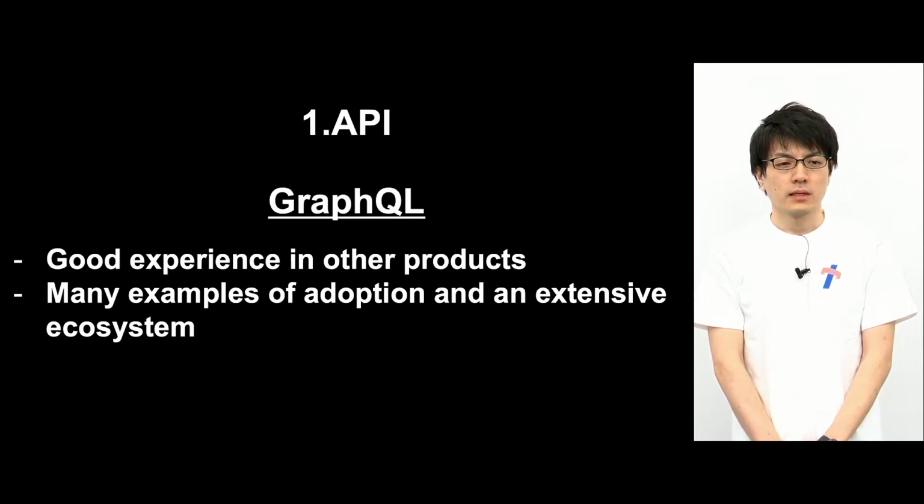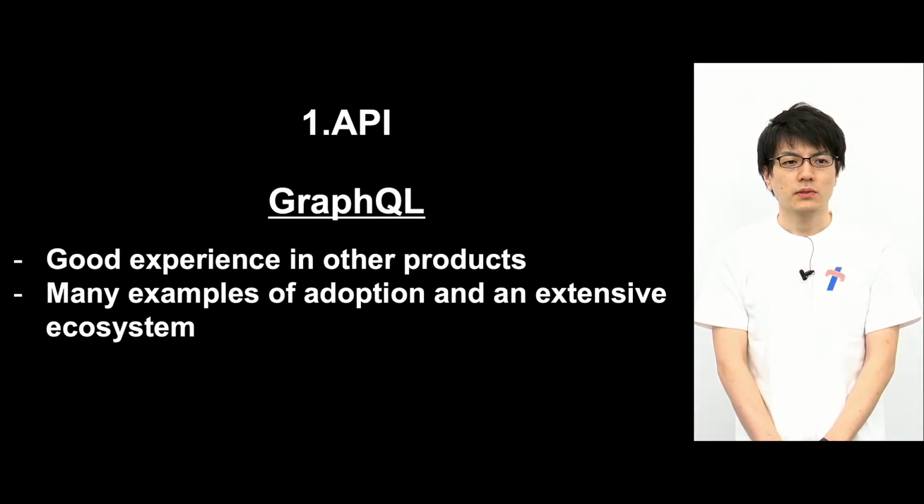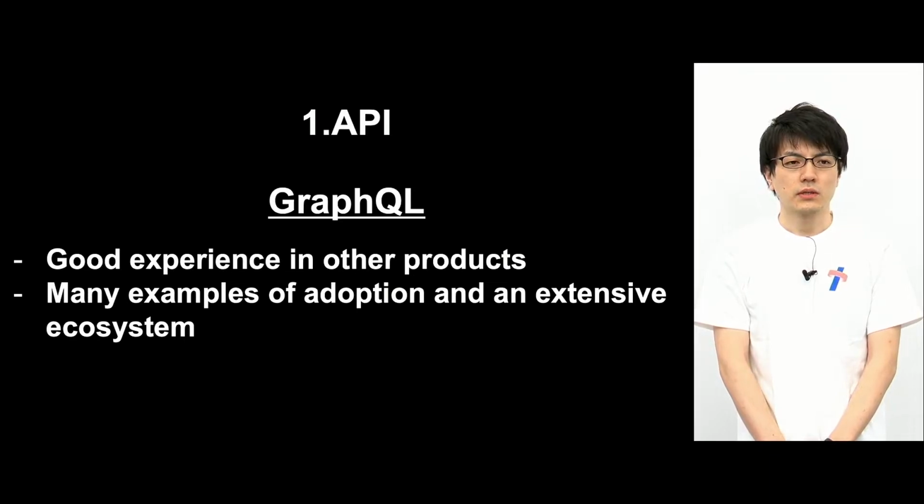The decision was made at the time of selecting the technology for the new product. Before discussing whether we should adopt Relay or not, there was the discussion point of whether we should choose GraphQL or not.